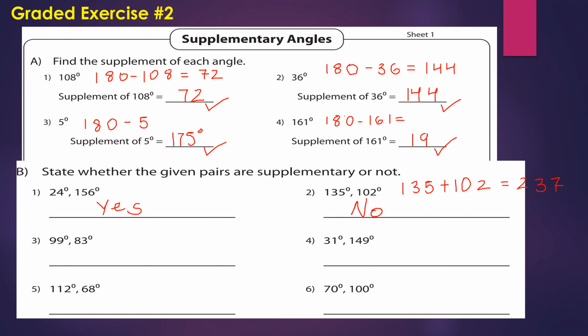Number 3. Kai, help me with number 3, please. What did you get for that? Kai Wells, number 3. Yes, sir. What did you get for number 3? Do me a favor, come close to the mic.